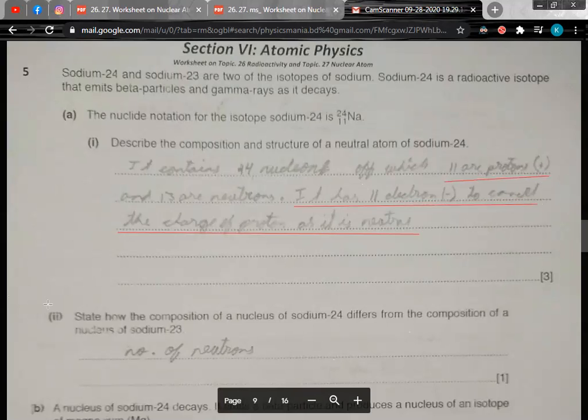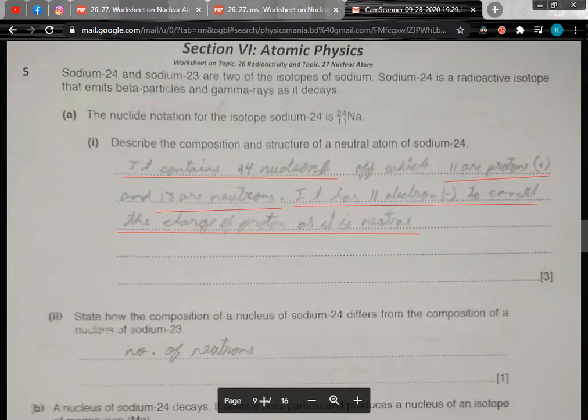So there should be 11 electrons. I also wrote the number of nucleons, 24. Very good. And the number of neutrons? 13. Okay, so you got all the things. Very good. Then go to next.